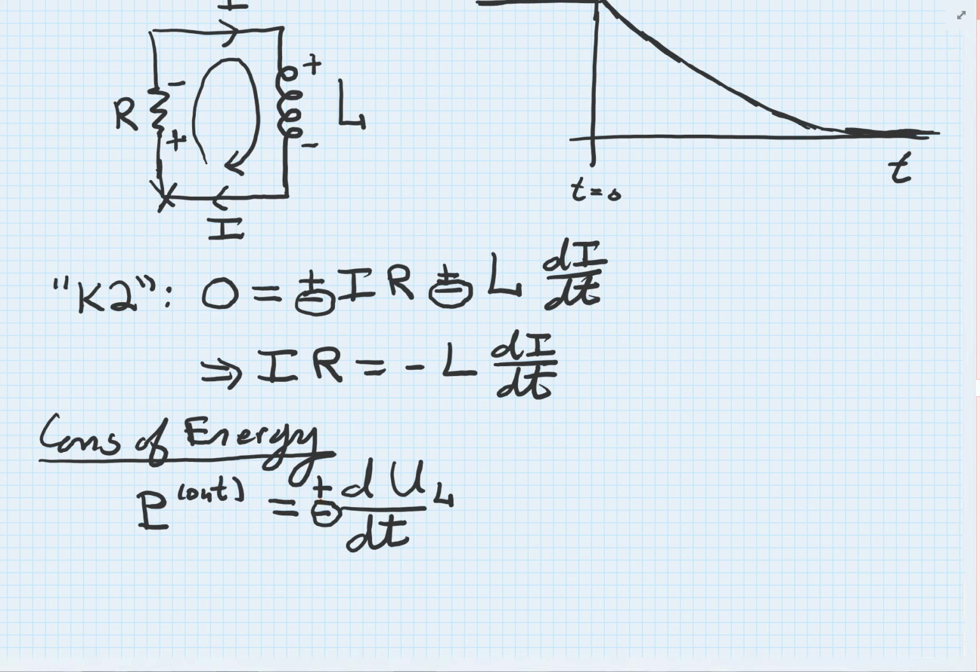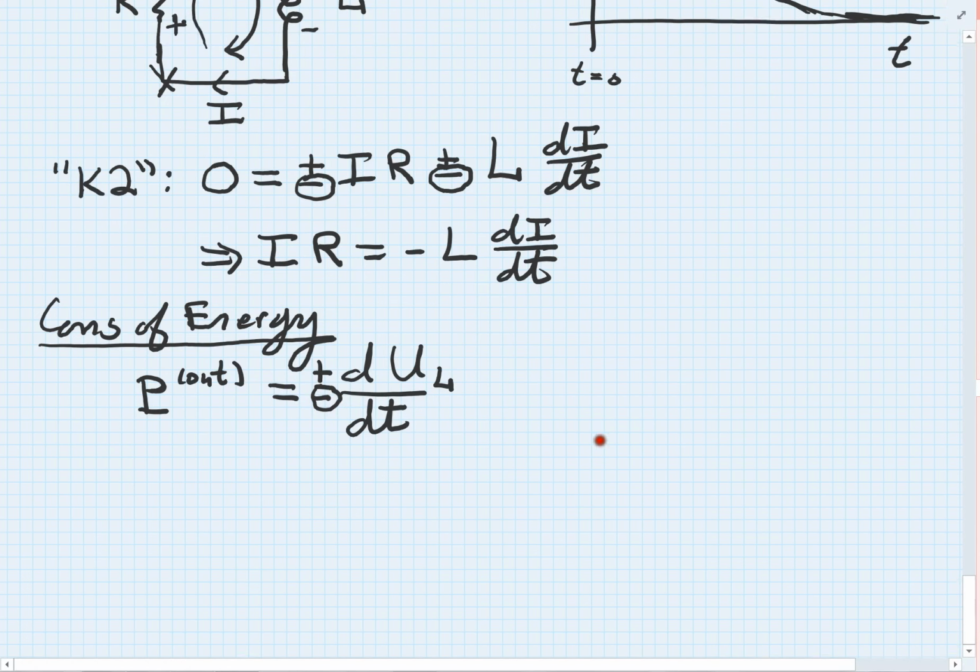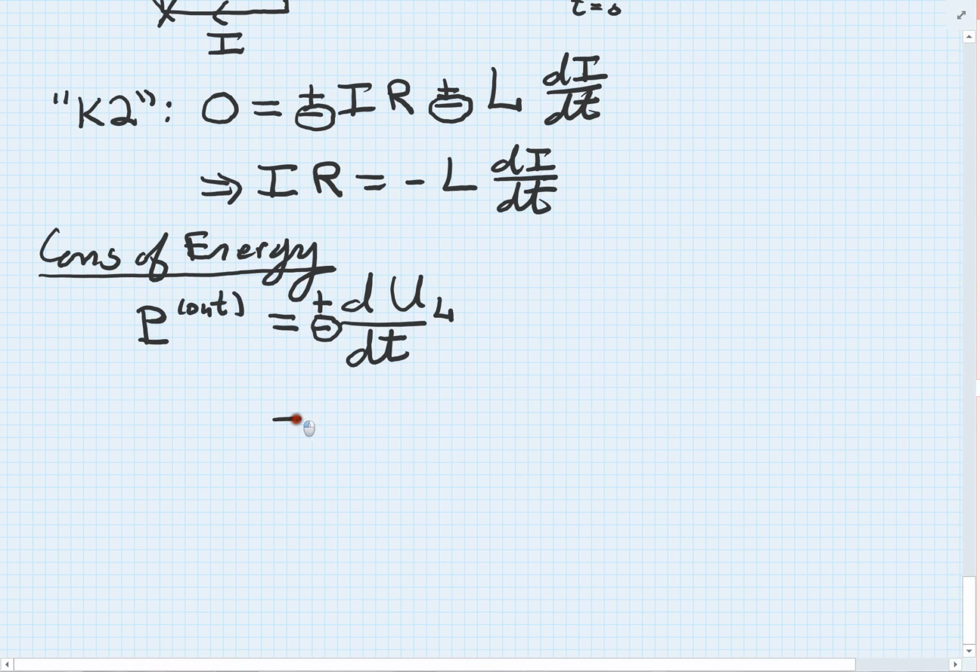Now here's the trick. I want to relate this to what I know about the physics of resistors and inductors. The power out, I know from a resistor, is always the current flowing through the system times the resistance. And I'd like to relate this to what I just wrote about the inductor. So let me write this as I times IR, which of course, if you recall, just means it's I times V, another famous power formula.